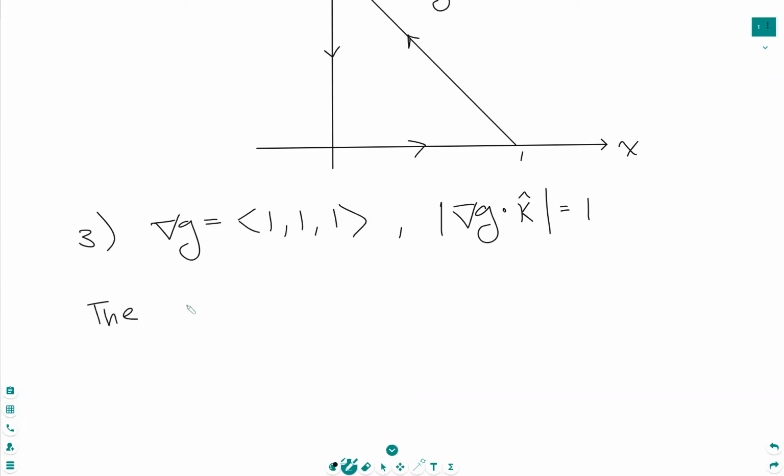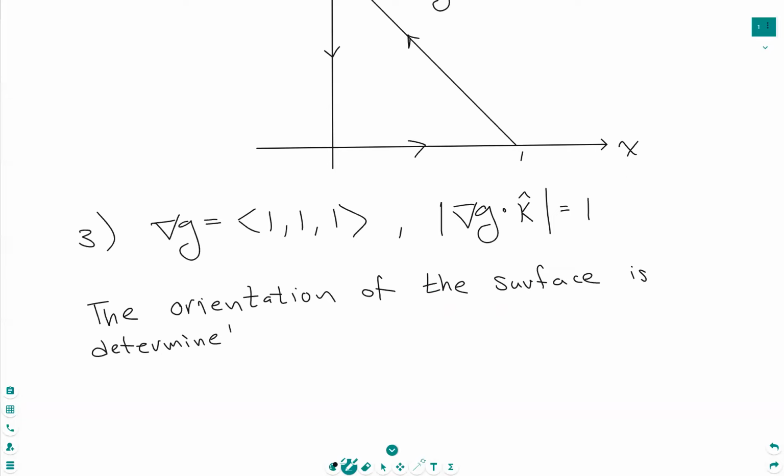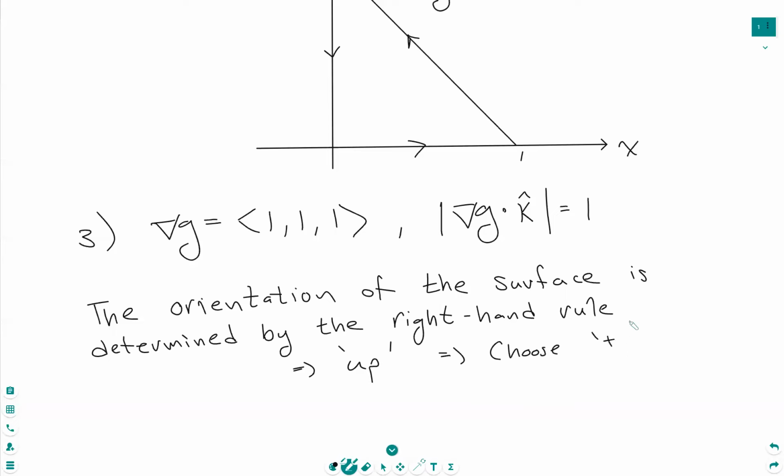So the orientation of the surface is determined by the right-hand rule to be up, or we choose the positive.